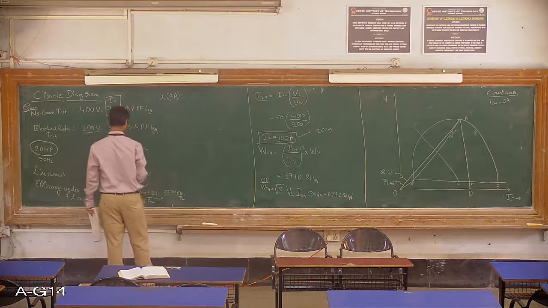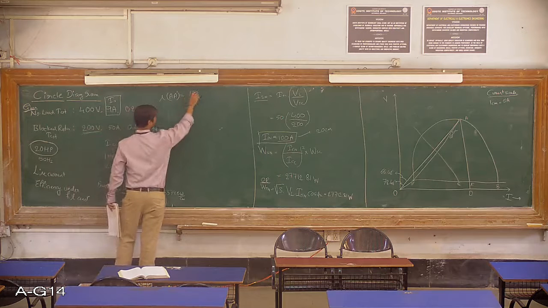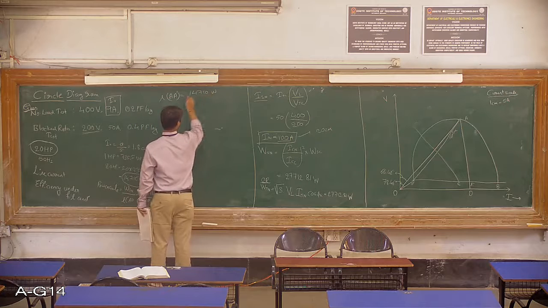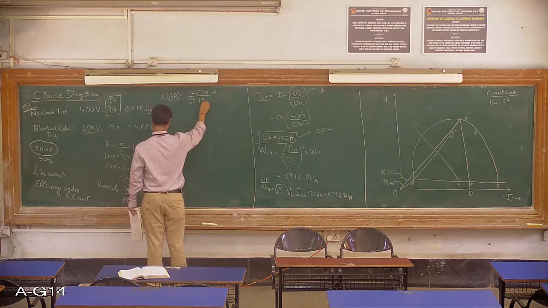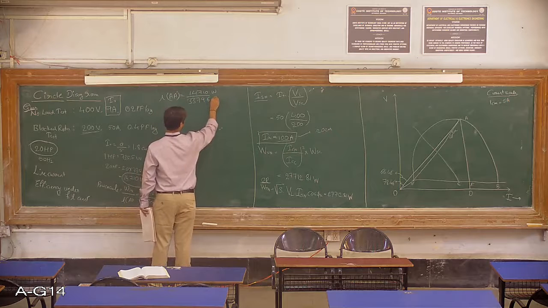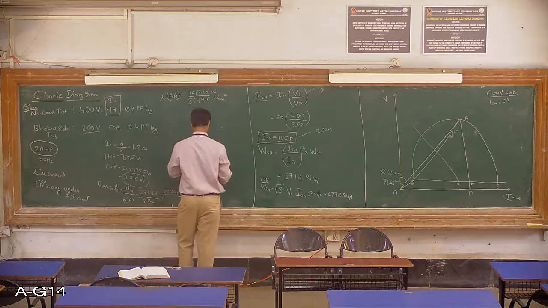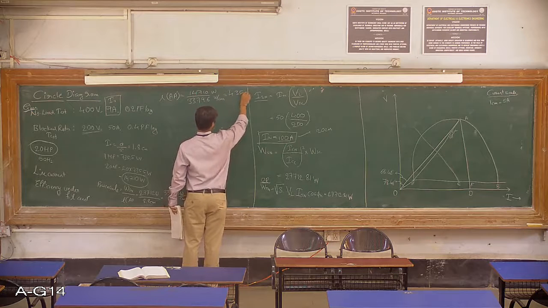Length of AA dash is given by 14,710 watts divided by 3,379.6 watts per centimeter, which is equal to 4.35 centimeters.